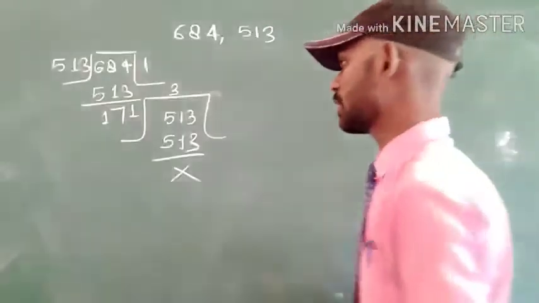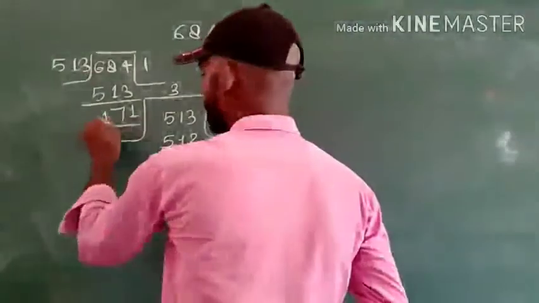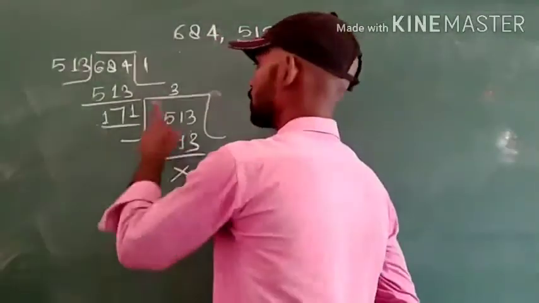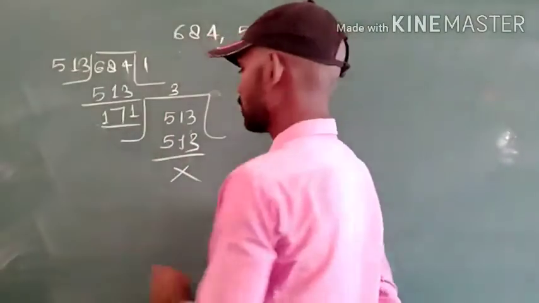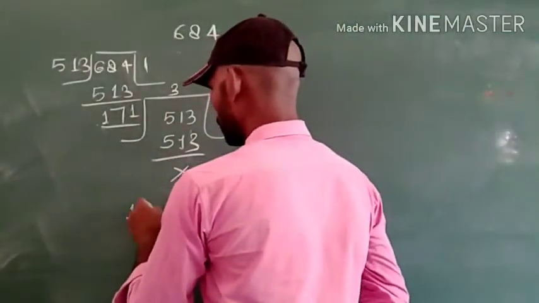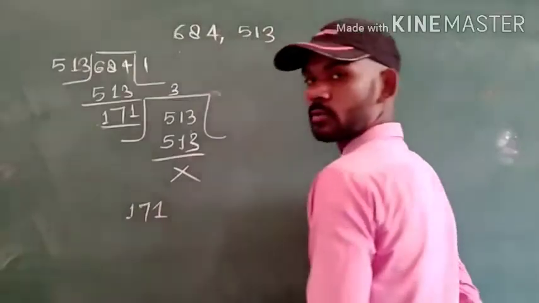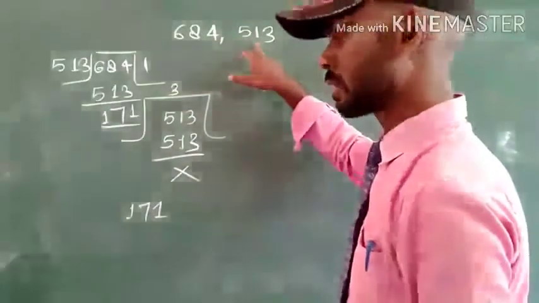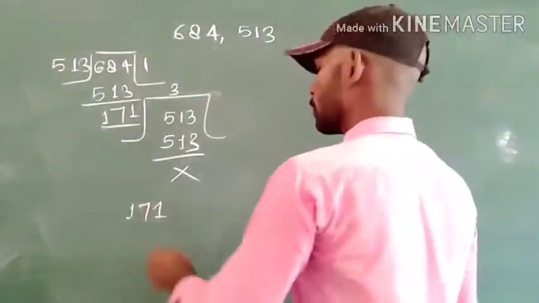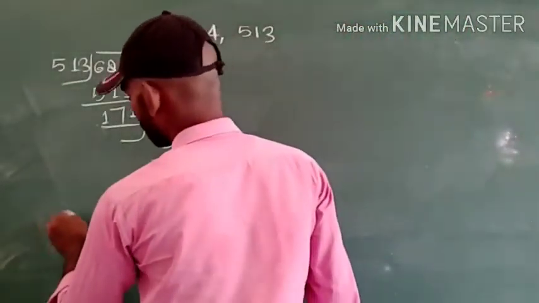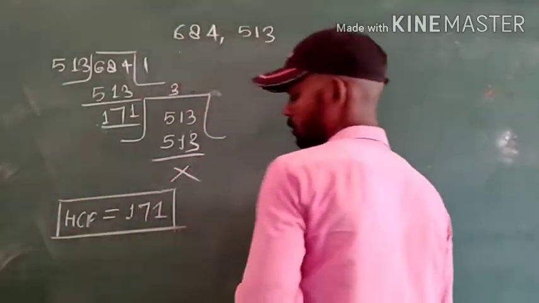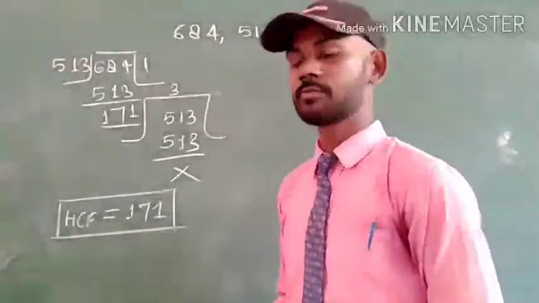So we can see that 171 is the number which makes the remainder 0. Therefore 171 is the number which can divide 684 as well as 513. Therefore 171 is the HCF of the given numbers.